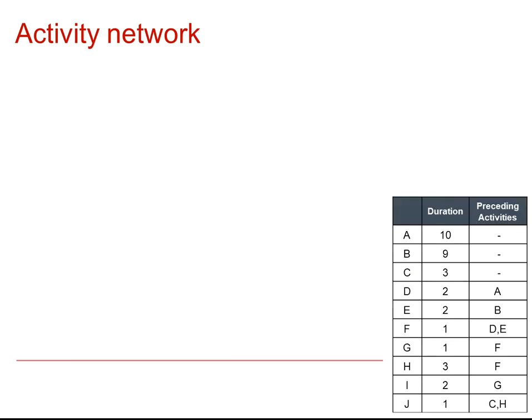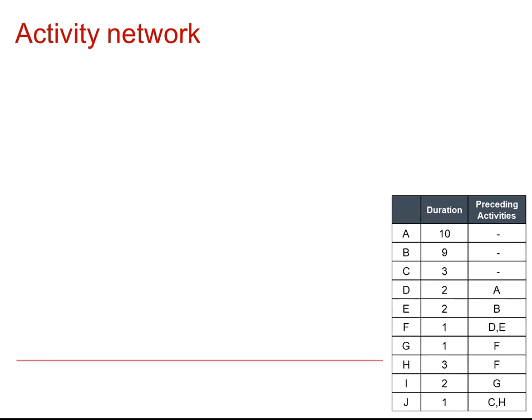So here's going back to the example about the CD being recorded, and so we're going to turn this into a network. So you'll see first of all that we've got the first 3 activities A, B and C at the start, so we can put those onto our diagram with their activities.